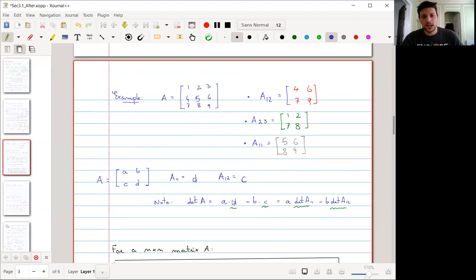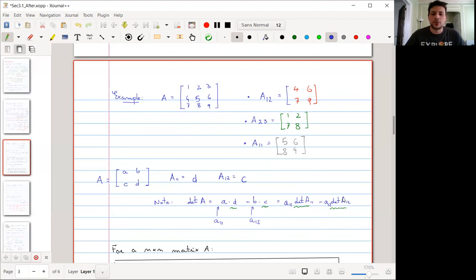This determinant is given by A, which is the entry A11, times the determinant of the reduced matrix capital A11, which is D. And here we have minus B, which is A12, times the determinant of the matrix A12. So let me write it here. An alternative way to write the determinant for a 2 by 2 matrix is this formula here.